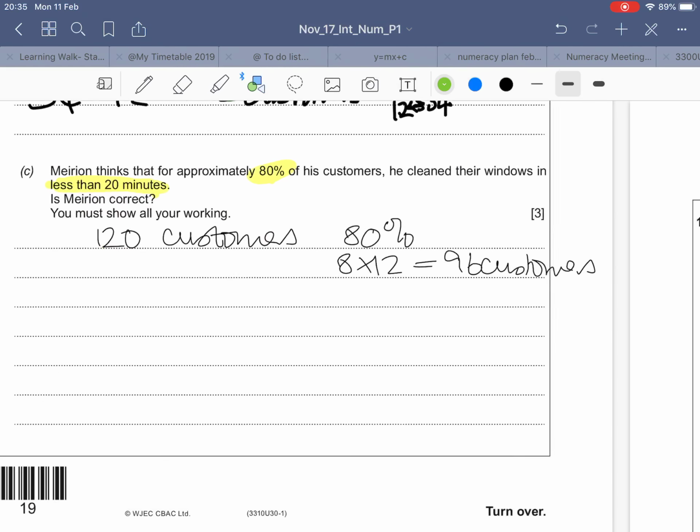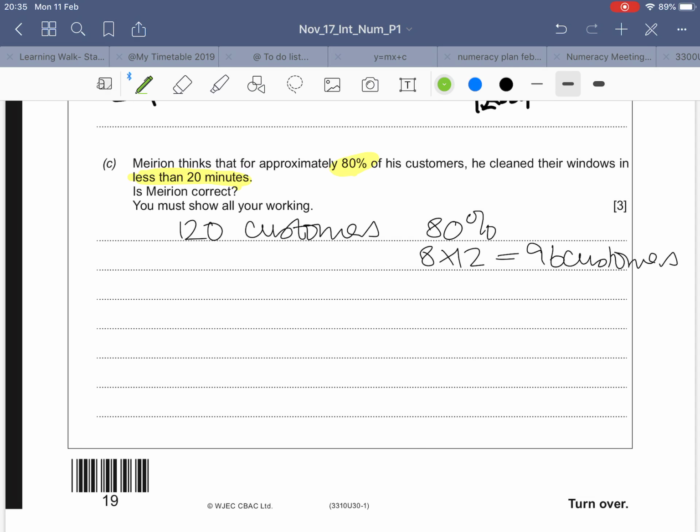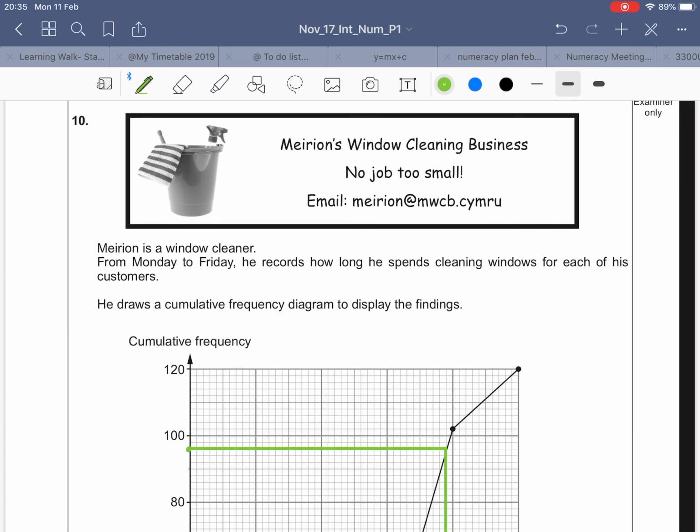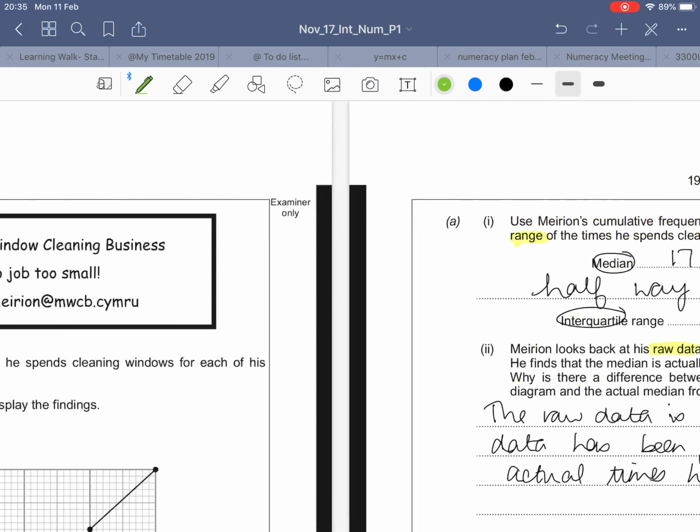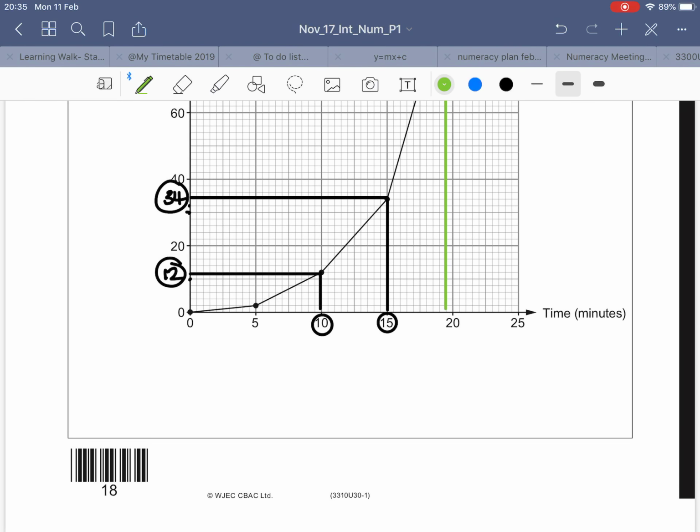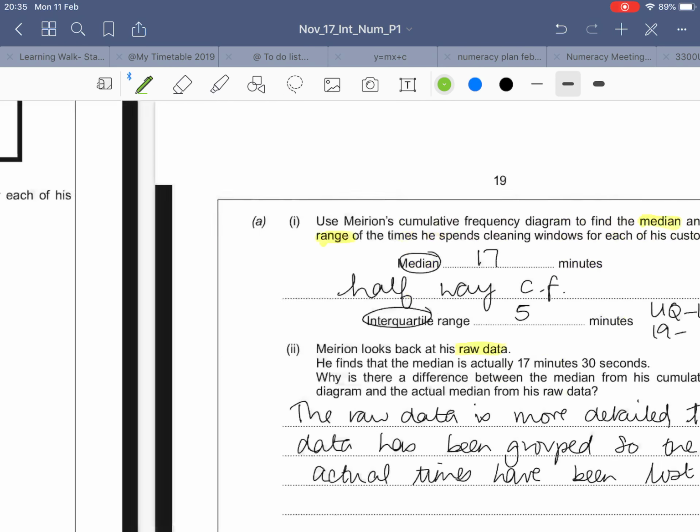So my conclusion, you must show your work so you can have a look at the graph. 96 customers on cumulative frequency graph shows, have another look. 15, 16, 17, 18, 18.5 minutes.